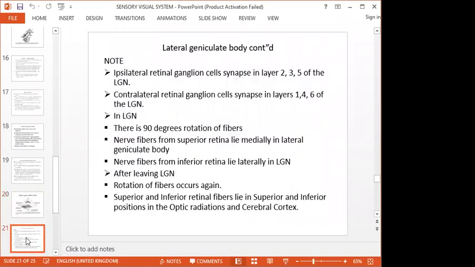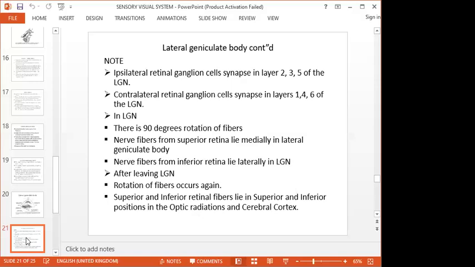In the lateral geniculate body, ipsilateral retinal ganglion cells synapse in layers 2, 3, and 5. Contralateral ones synapse in 1, 4, and 6. Really, the best way to look at this is, if we're talking of retinal ganglion cells, the question is whether it is ipsilateral, and the other one is contralateral. All you need to know is one side.